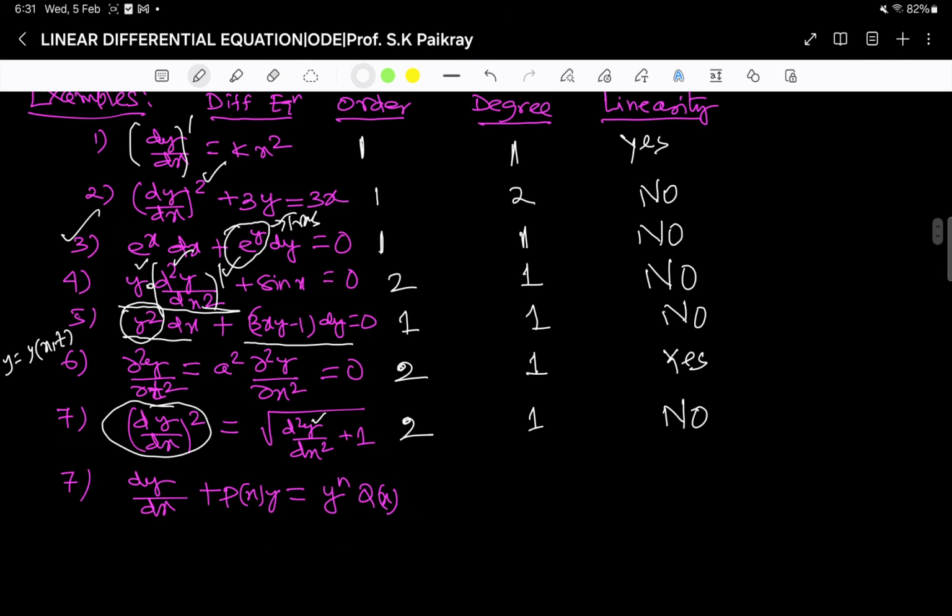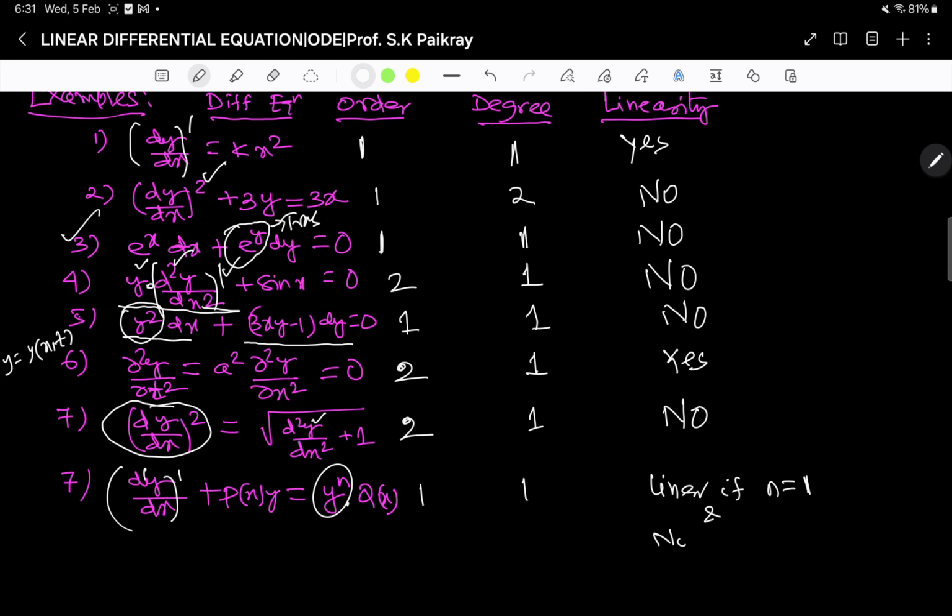Then coming to dy by dx plus p(x)y is equal to y to the power n q(x). You see here it is a product of y term, right? The order is 1, the degree is 1, and because of the y to the power n, it is linear if n is equal to 0 or 1, then there will be no product.